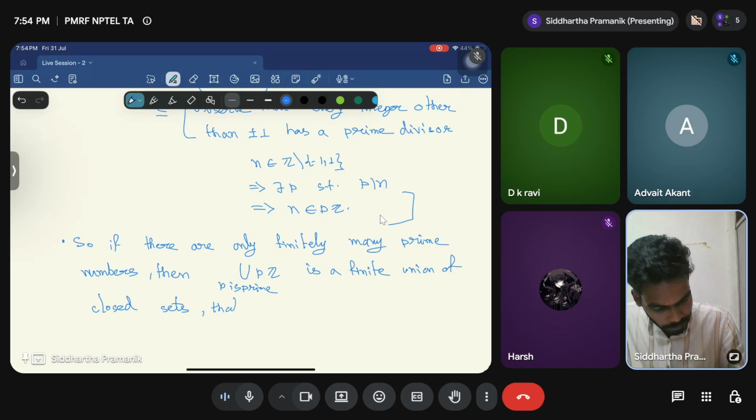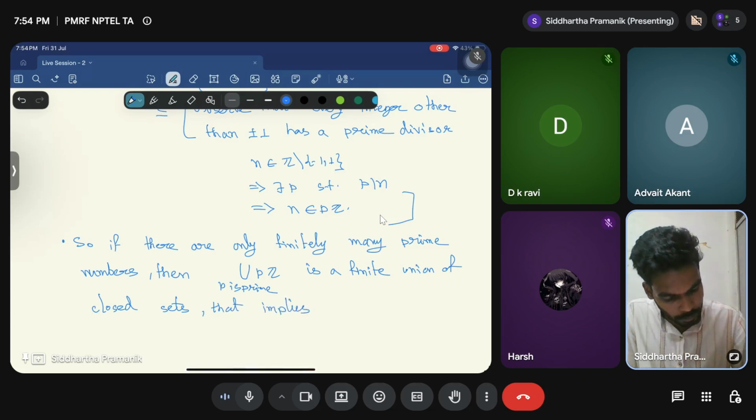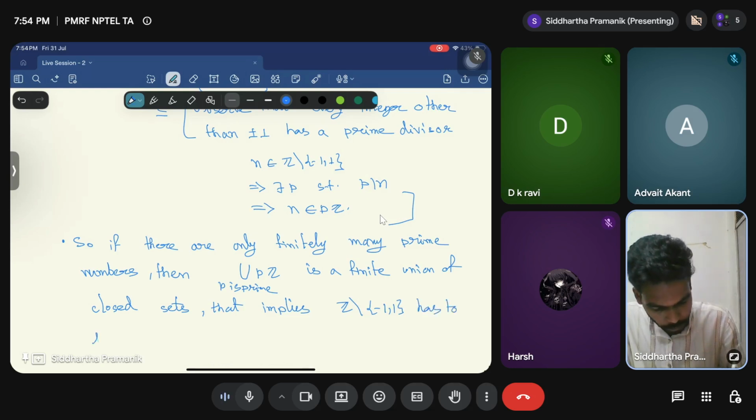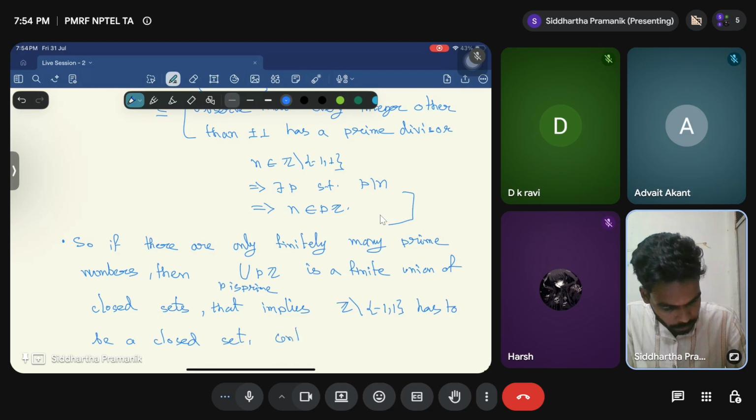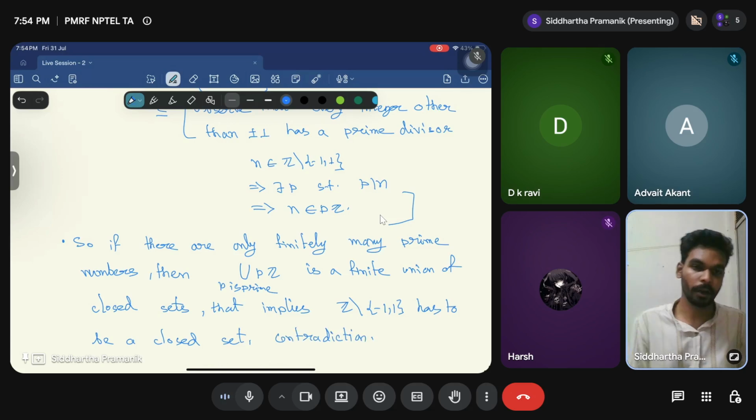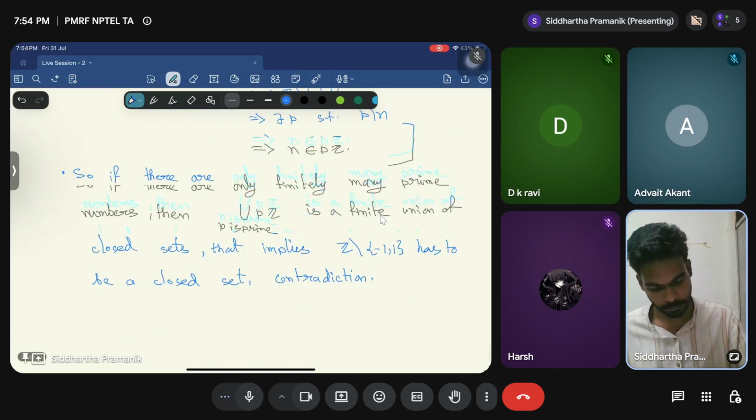And that implies Z minus {plus minus 1} has to be a closed set. So this is a contradiction. So there cannot be finitely many prime numbers.